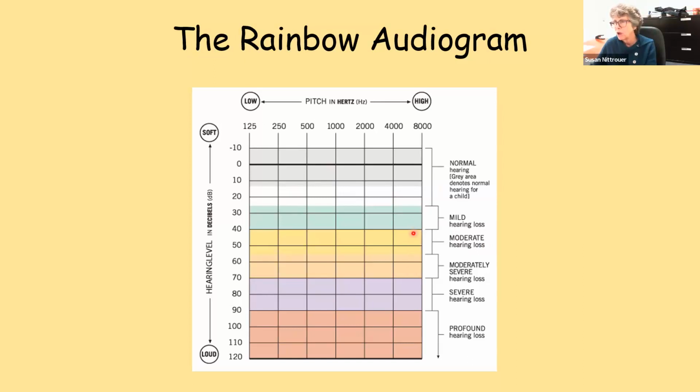Usually moderate loss is considered 40 to 70 dB. This audiogram puts in here moderately severe, and then severe is 70 to 90, and anything over 90 dB loss is considered profound.